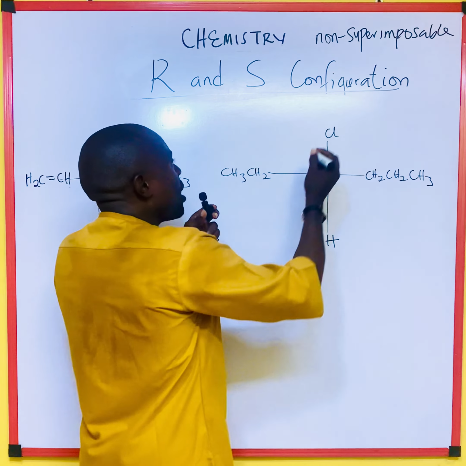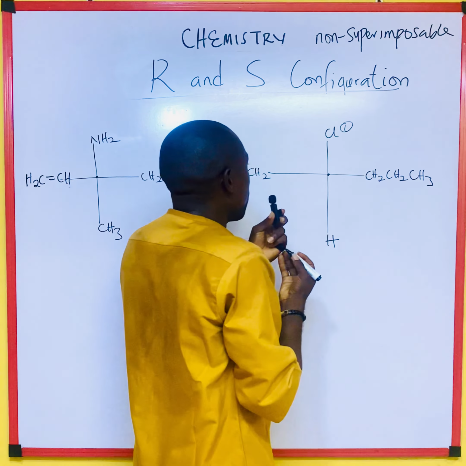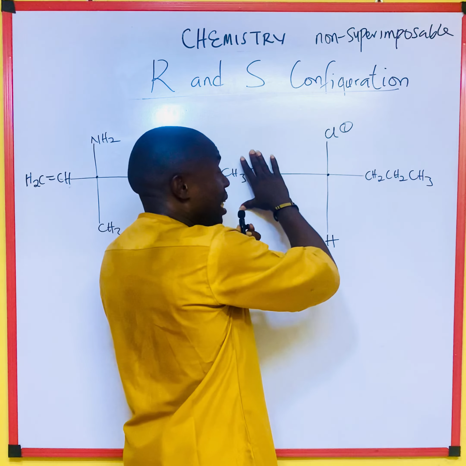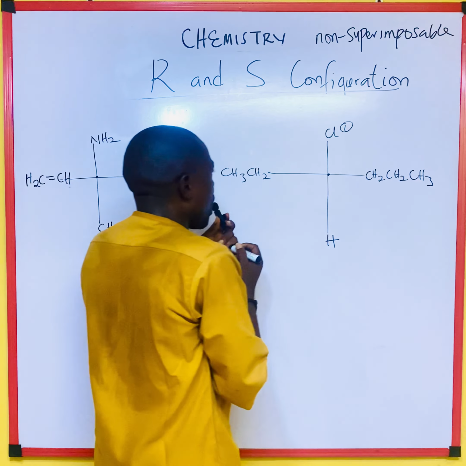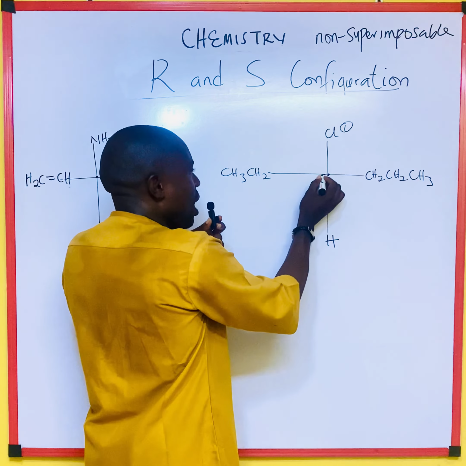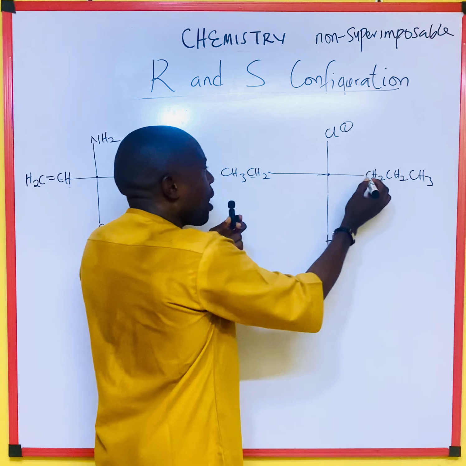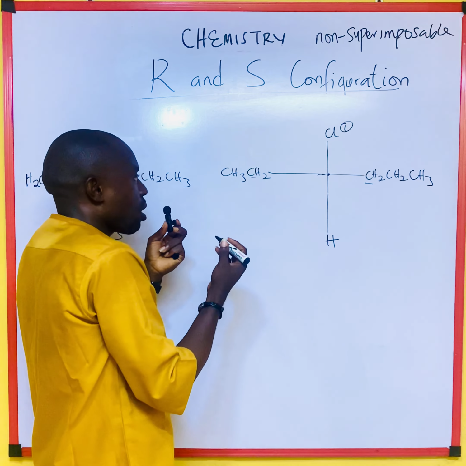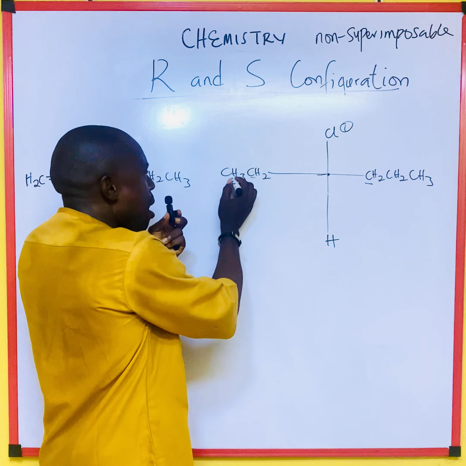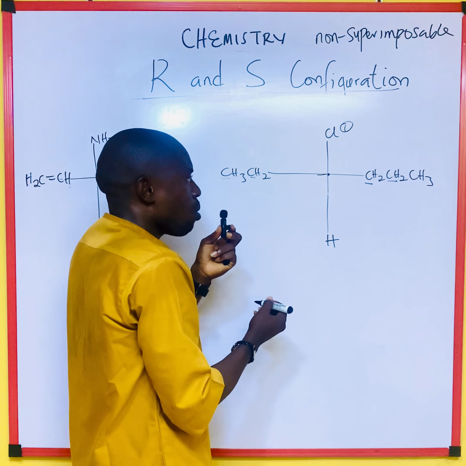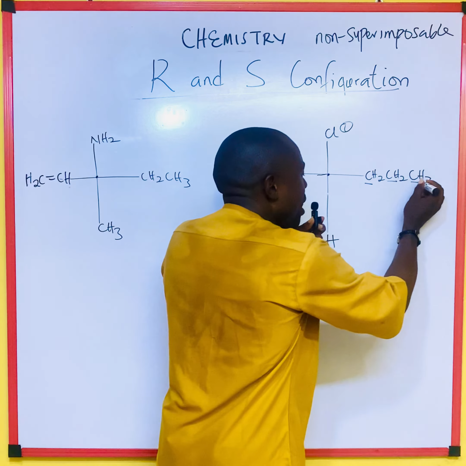The higher atomic number here is chlorine, because chlorine has an atomic number of 17. Now, I'm having ethyl here, I'm having propyl here. Now look at it. This bond here is directly attached to carbon. So carbon here, no difference. But of course, I'm having a carbon here, I'm also having a carbon here, no difference too. But I'm having a carbon here, right?